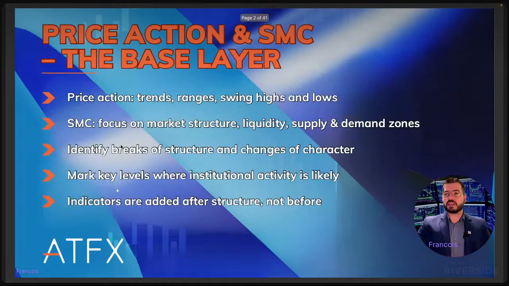So I want to start things off today by discussing the agenda for today. First of all, as I stated, price action is always the foundation. So we'll start with a quick overview of price action and smart money concepts and why they should be the foundation of everything that you do within trading.